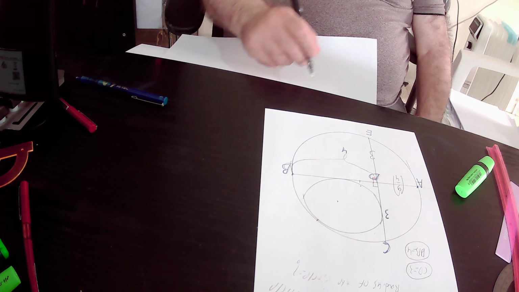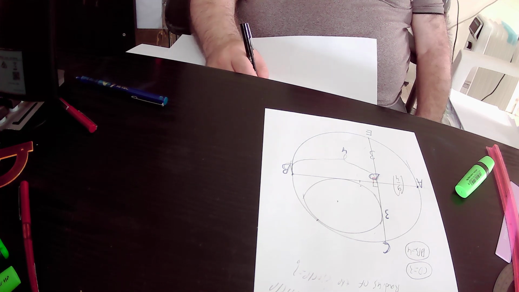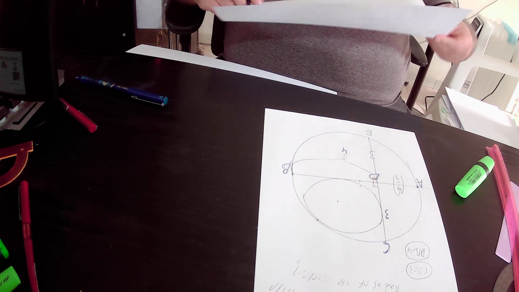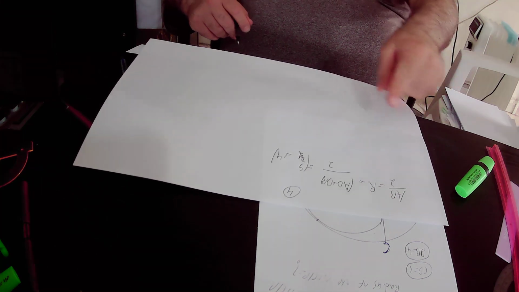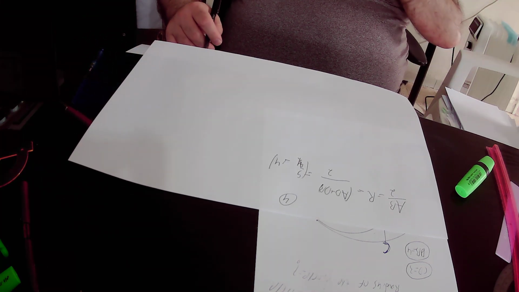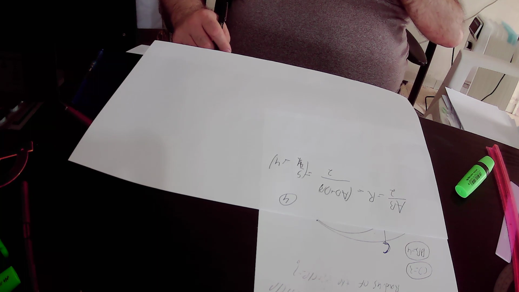DB equals 4 units according to what is given in the question. So in conclusion, we found that AB over 2, which is equal to the radius of the big circle, equals 9 over 4 plus 4.